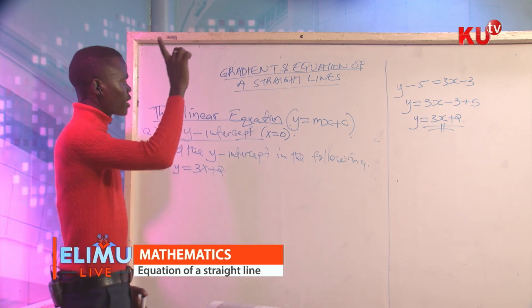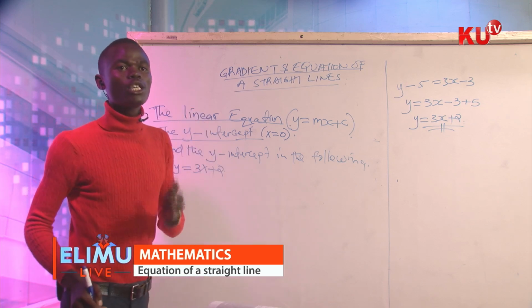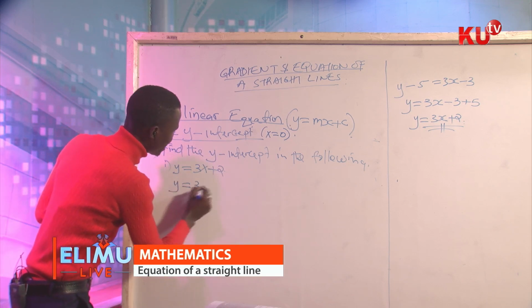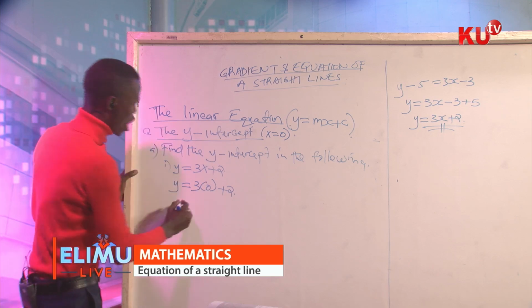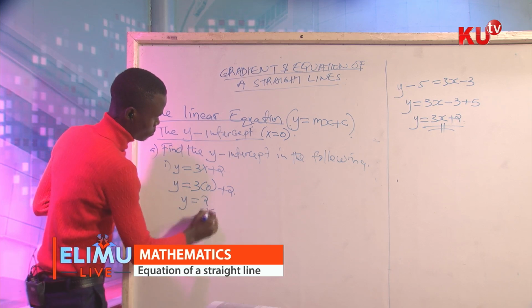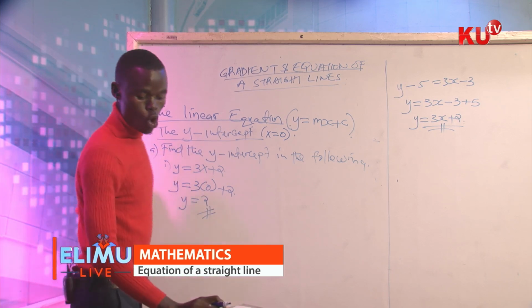Because I've said previously that y-intercept simply means x is 0. So we say y equals to 3 into 0 plus 2. Now y equals to 2. That is our y-intercept.